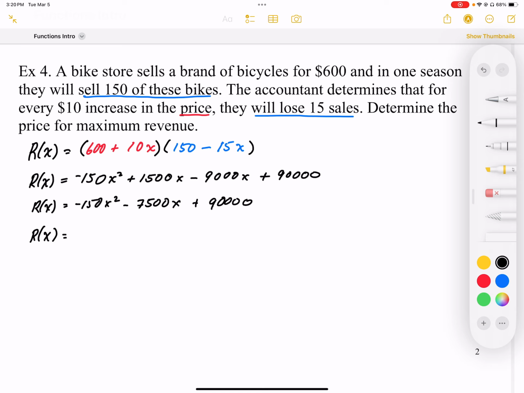I'm going to first do this by completing the square. So I'm going to factor out the 150. So 7,500 divided by 150 gives me 50x plus, and I leave that 90,000 on the outside because it doesn't help me complete the square.